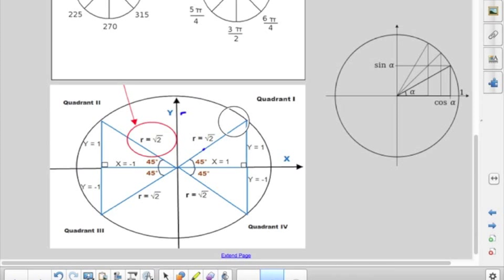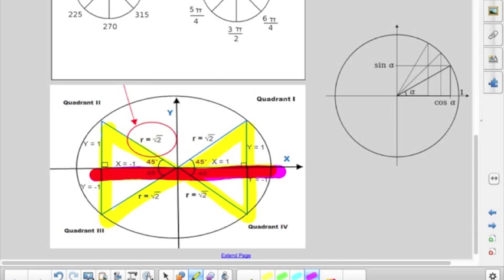Your triangles always have to be along the x-axis. That's why when you draw your triangles, it always looks like one part of the bow tie. We connect all these triangles in the different quadrants together, and they form sort of a bow tie. So always look out for that. Make sure your triangle's base is always along the x-axis.